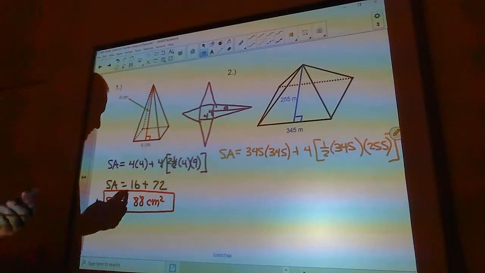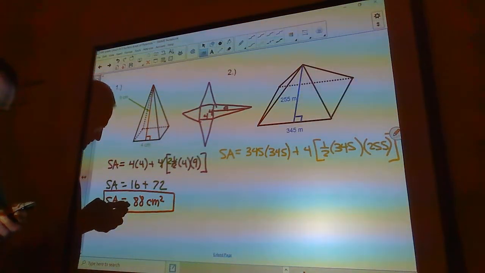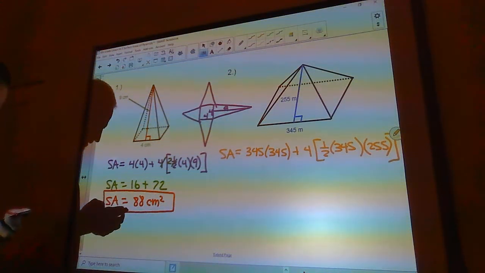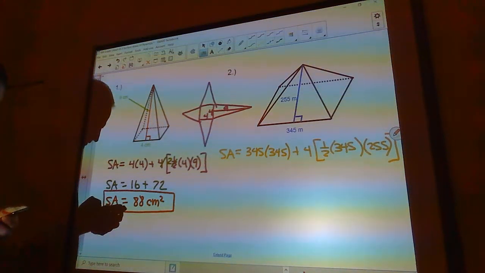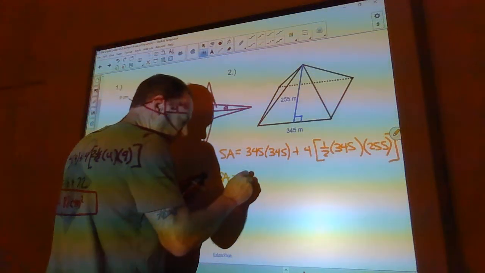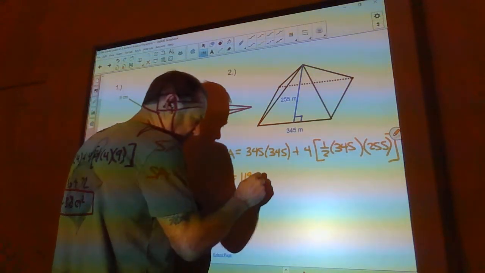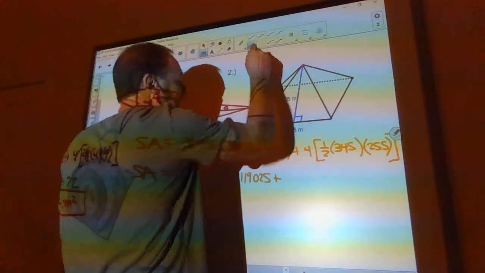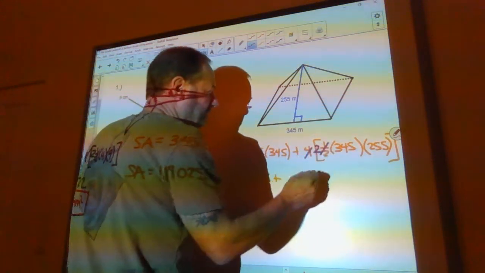I'm going to need a calculator for this one. So 345 times 345. Oops, somehow I got an error here. 345 times 345 is 119,025 right here. Plus, again, those are going to cancel and make a 2.